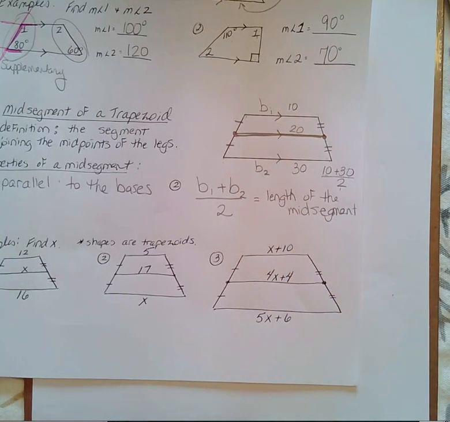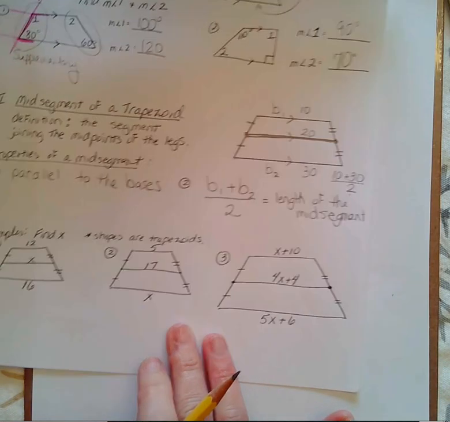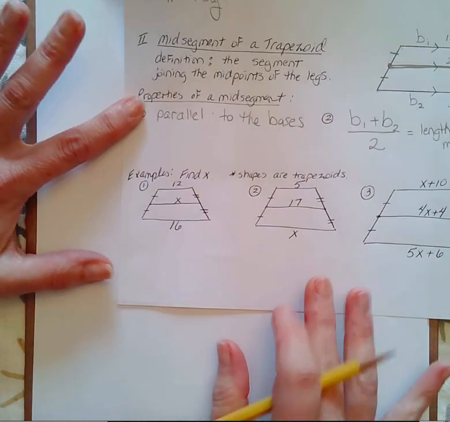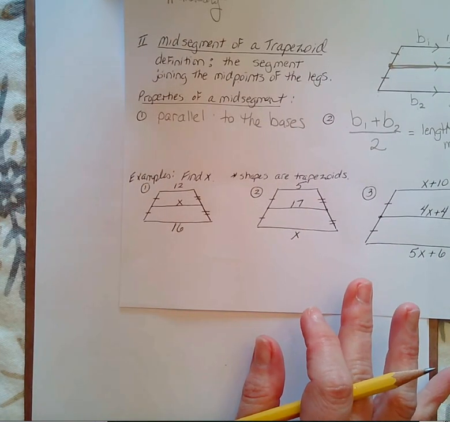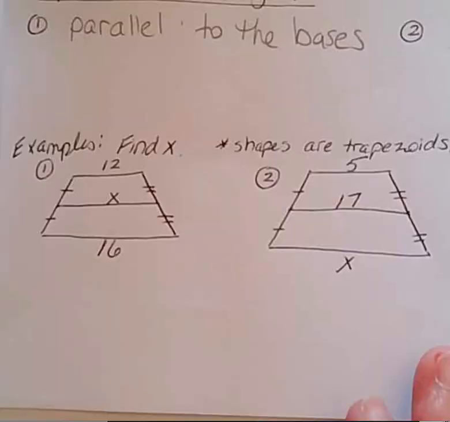Base 1 plus base 2 divided by 2 is the length of the midsegment. Let's do 3 quick examples to find the length of the midsegment, or one of the bases.